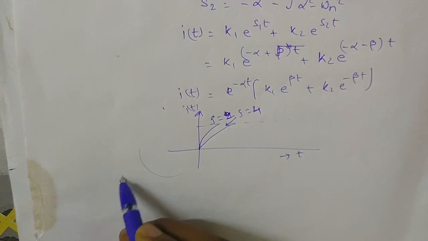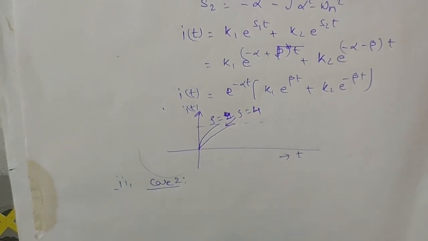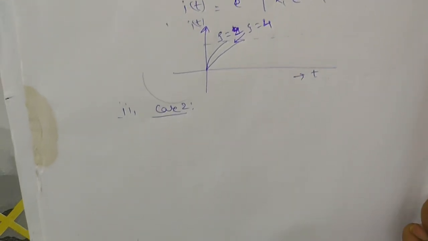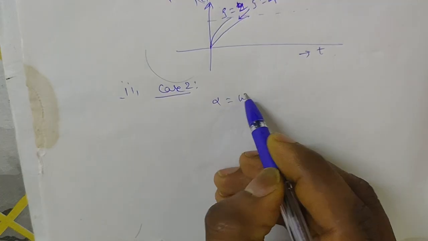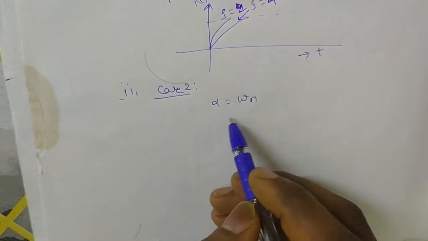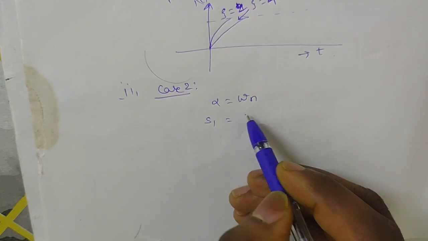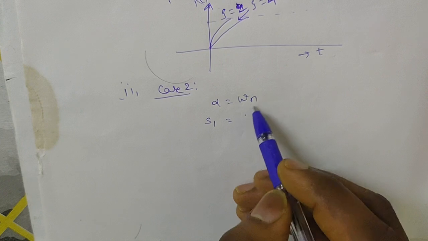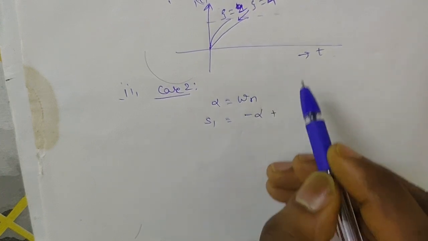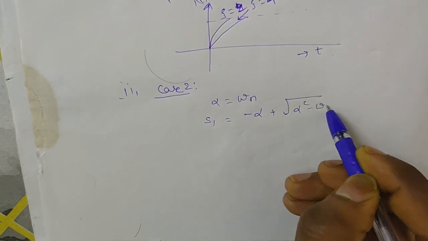For the second case, case 2, if alpha is equal to omega n, in this case S1 will be minus alpha plus under root of alpha square minus omega n square.